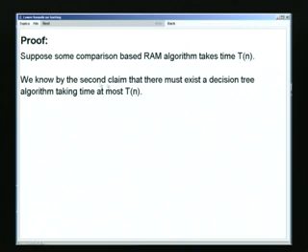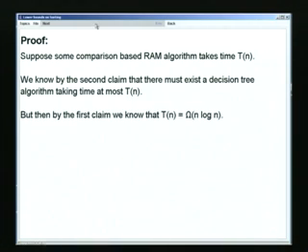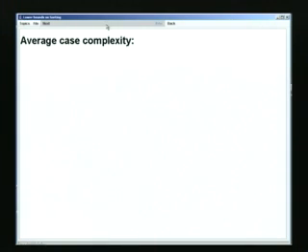By the claim that we just proved, we know that there must exist a decision tree algorithm taking time at most t of n. But the first claim tells us something about decision tree algorithms. The first claim says that the time taken by the decision tree algorithms must be at least n log n. So, t of n had better be at least n log n. But then this t is the same as this t, and therefore, comparison based RAM algorithms must also take time n log n.